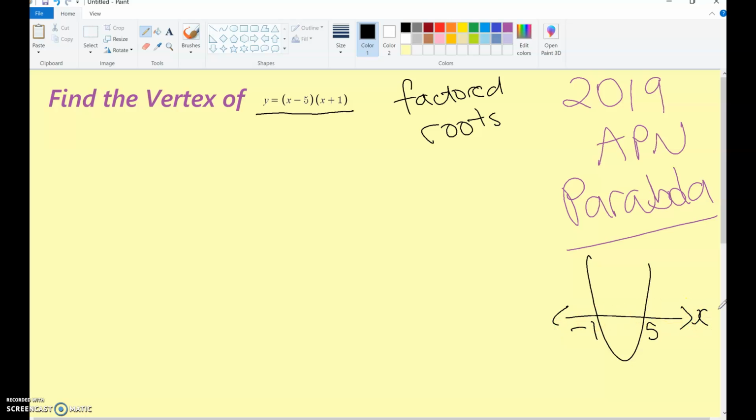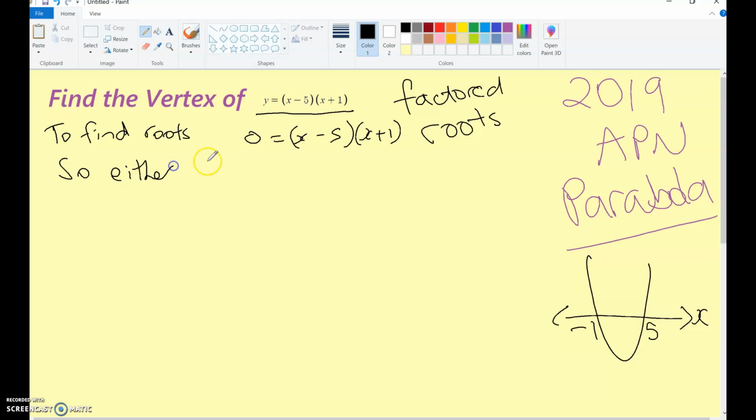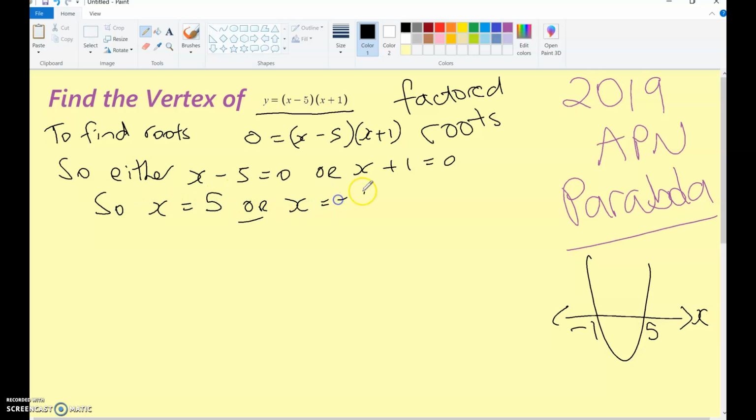Okay, so if we want to articulate this a bit more carefully, we'd say to find roots, 0 equals x minus 5, x plus 1, so either x minus 5 equals 0 or x plus 1 equals 0, so x equals 5 or x equals negative 1.